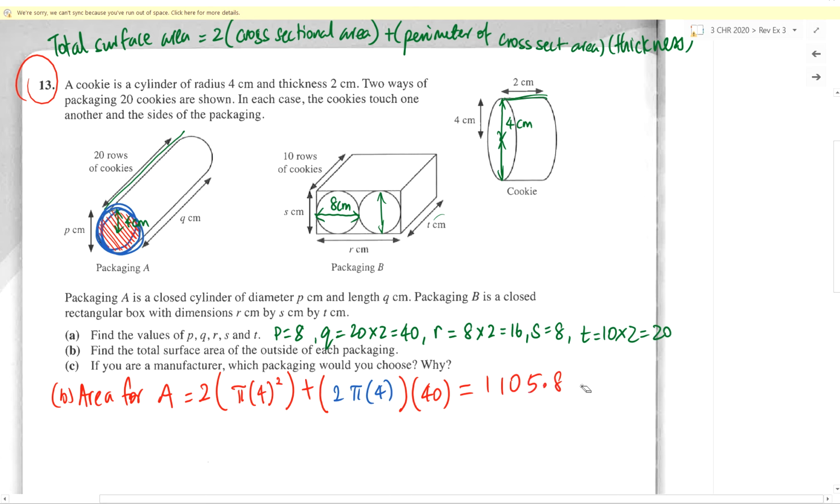Okay, so 5 SF is enough. Obviously this value goes on forever and ever because there was a pi involved. So we leave it as 5 SF first. Later on we will round it to 3 SF. Okay, over here, 1110 square centimeters.